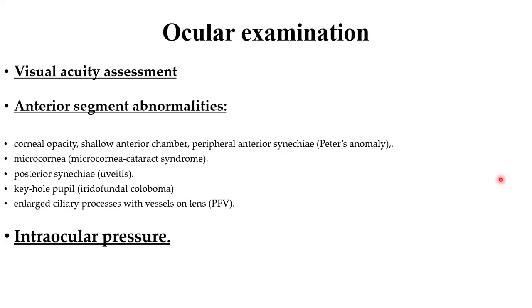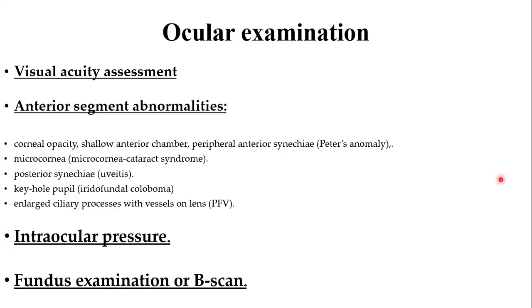Aniridia. Aniridia definitely will cause both. And Lowe syndrome, exactly. Yes. And definitely fundus examination, or if there is no view, B-scan for all those children.